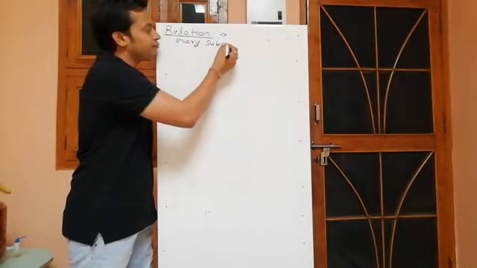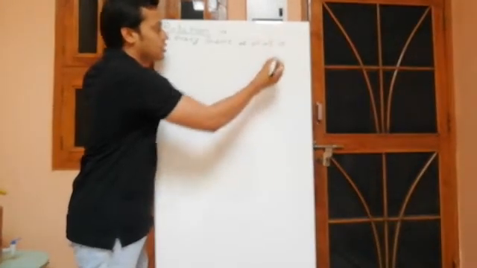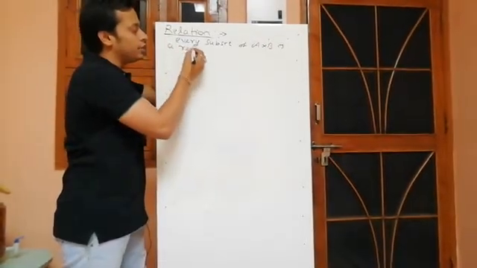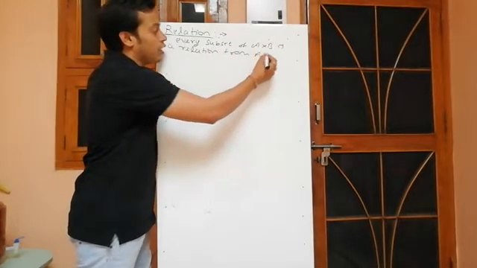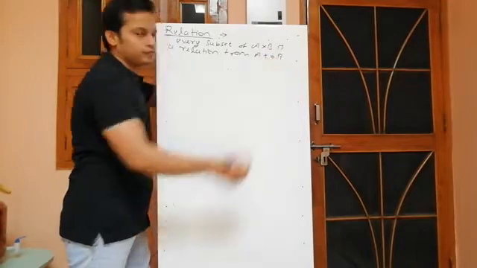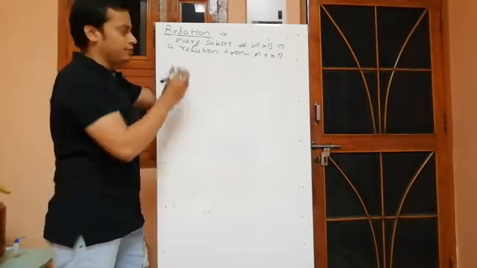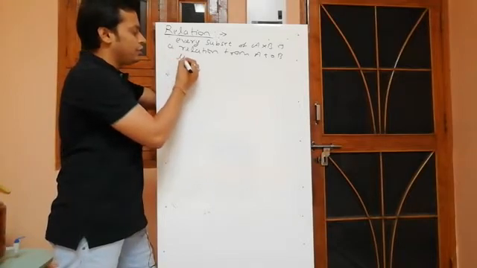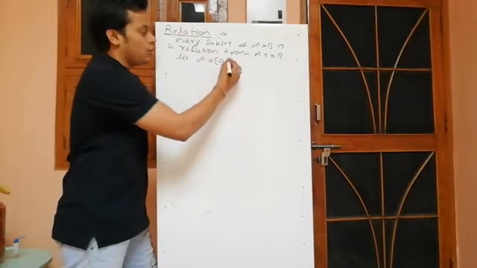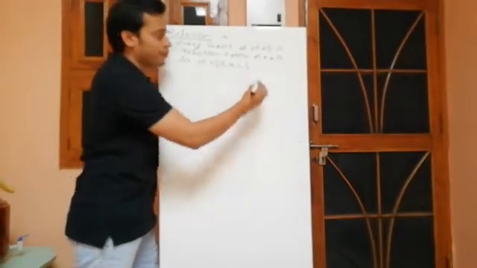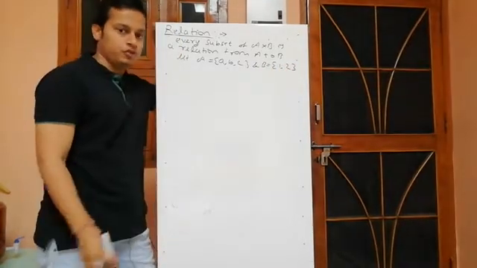What we have to remember is just one thing: every subset of A cross B is a relation from A to B. Now, for example, let's say A equals {a, b, c} and B equals {1, 2}.